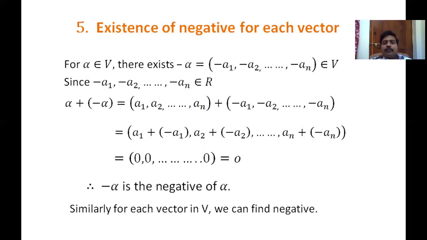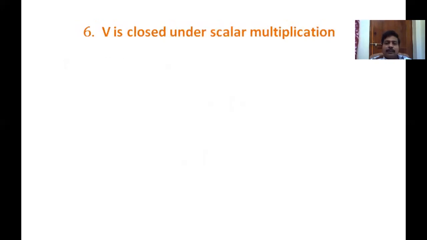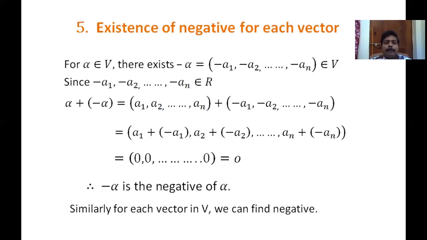So there exists a negative for each vector in V. So these five are the axioms related to vector addition. All are proved now. Let us move on to the axioms related to scalar multiplication.